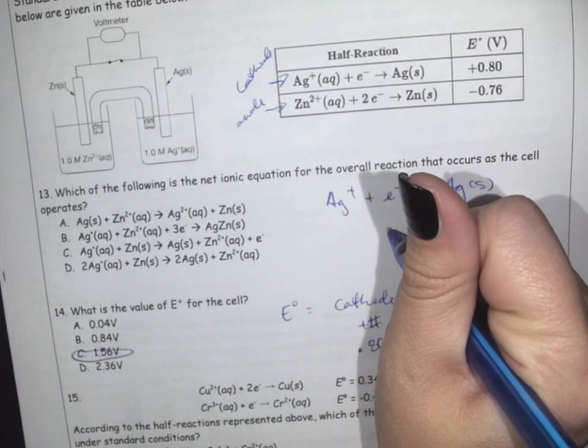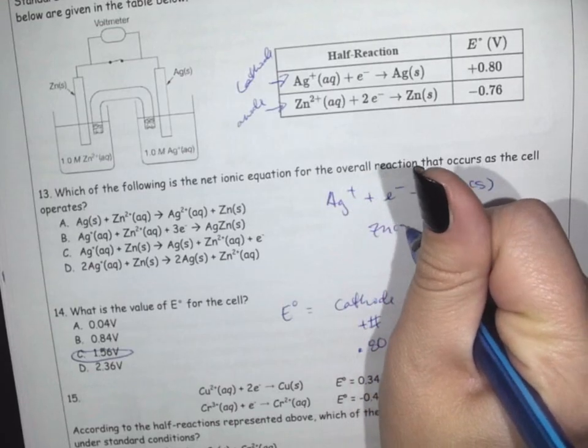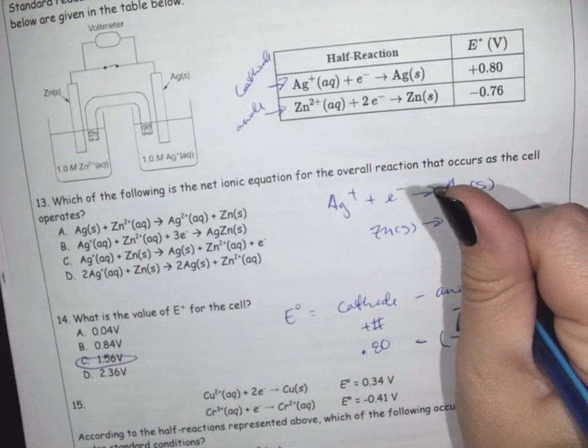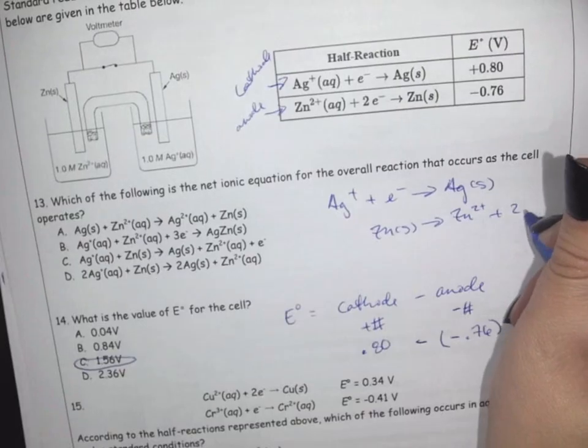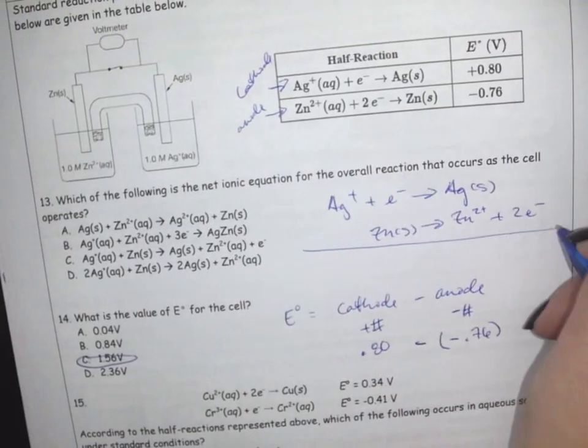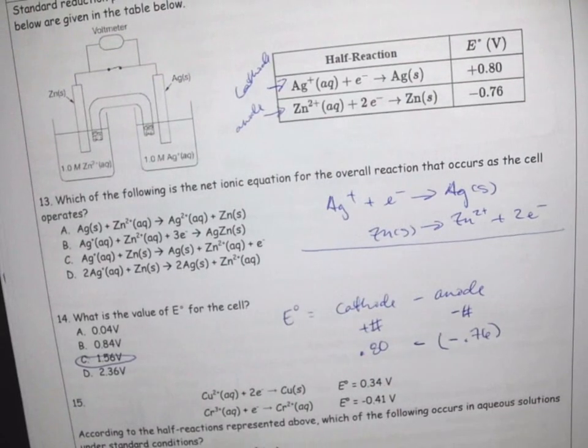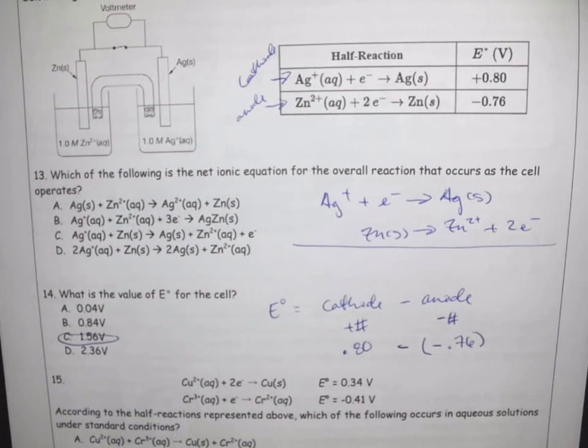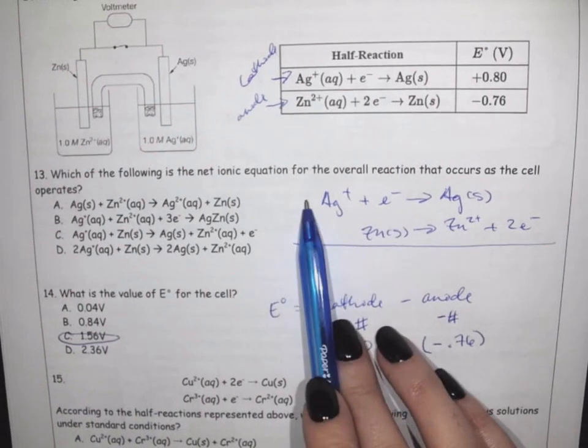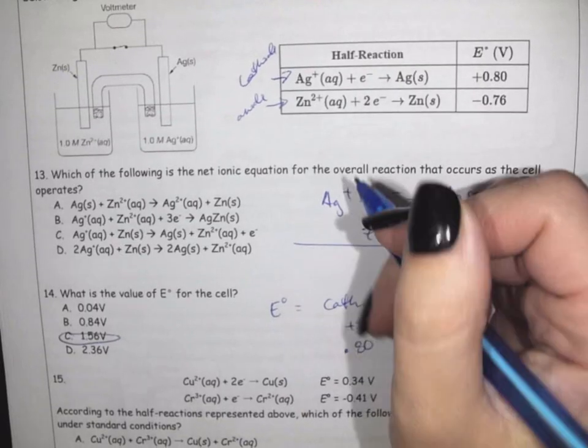So this is going to be zinc solid turns into zinc 2+ and 2 electrons. Now, for these redox reactions, we need the amount of electrons being gained and lost to be the same. So the last thing I'm going to do is multiply this top reaction by 2.